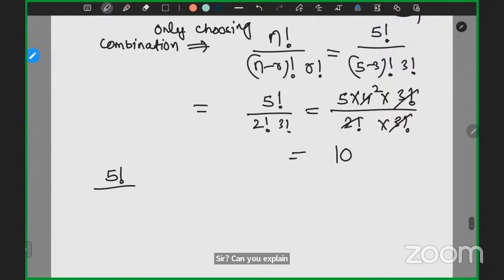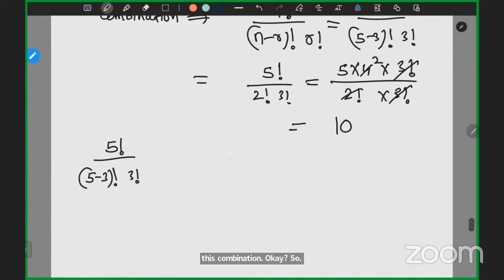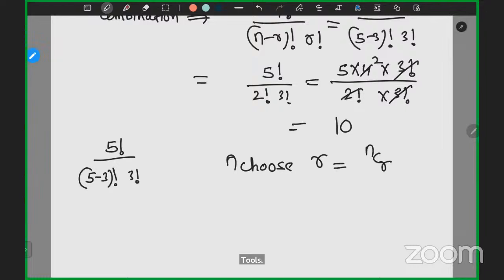The formula for that is combination, n choose r. You can write this as nCr, and the formula is n factorial divided by (n minus r) factorial and r factorial.